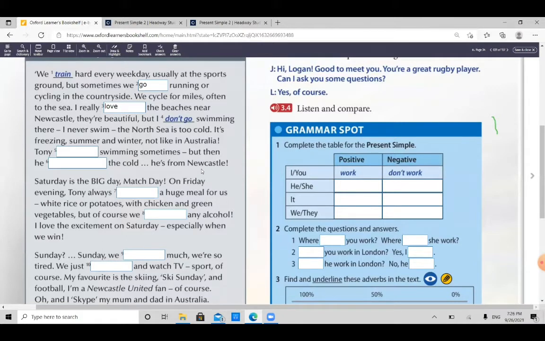Okay, Ilaf. It's freezing, summer and winter, not like in Australia. Tony goes swimming sometimes, but then he not feel the cold. Yes, in negative, Ilaf. Can you put it in negative?